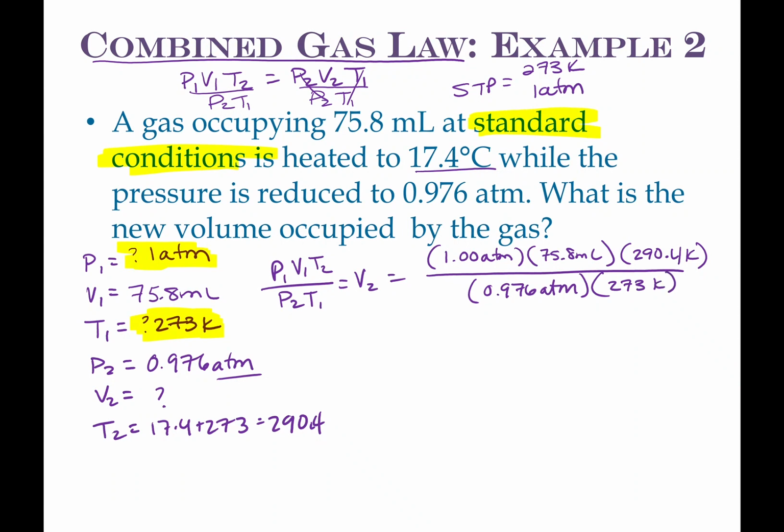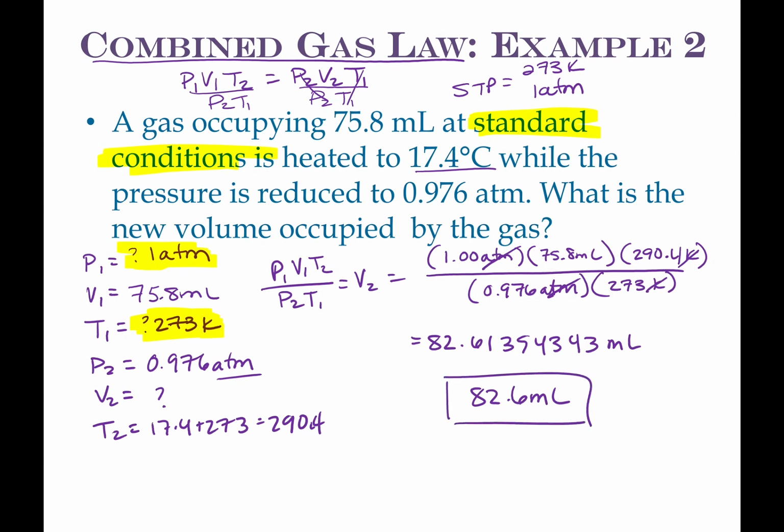So 1 times 75.8 times 290.4 divided by 0.976 divided by 273 is 82.6139434343. Atmospheres cancel, Kelvin cancel, this is going to be milliliters. So the new volume to 3 significant figures would be 82.6 milliliters. And that's our combined gas law.